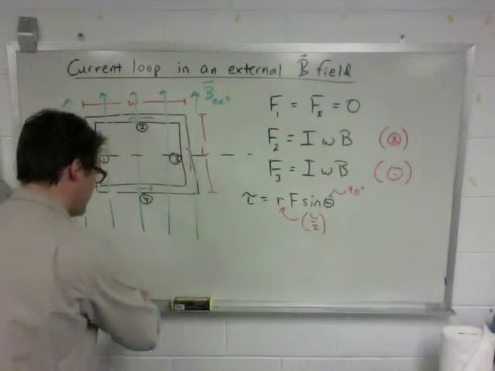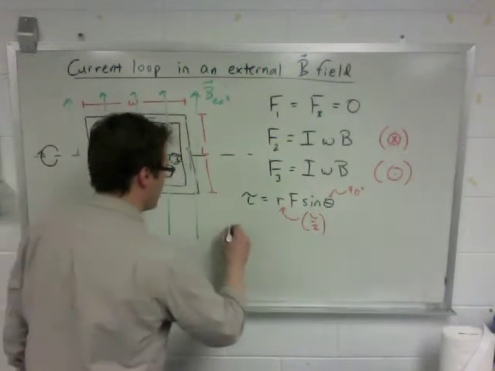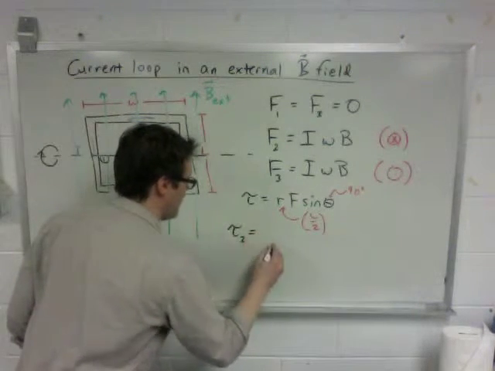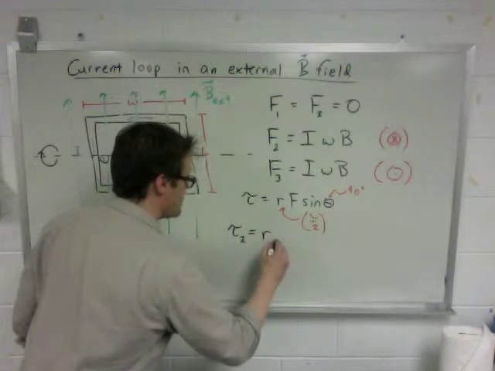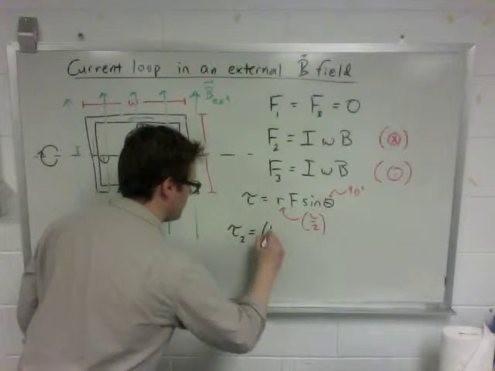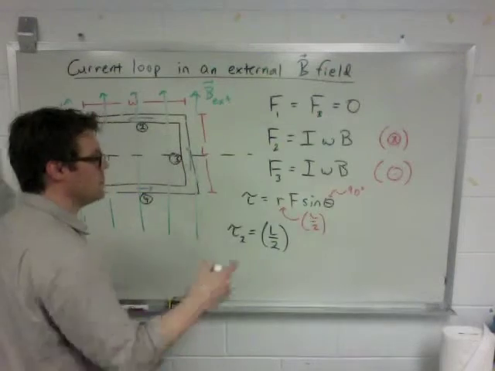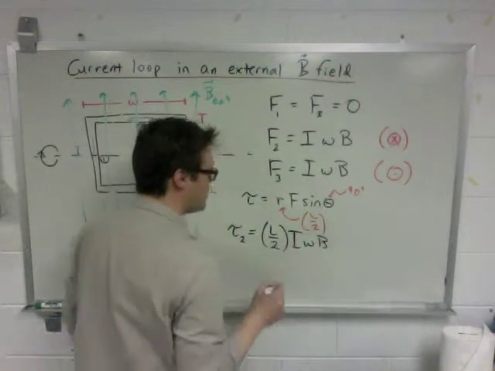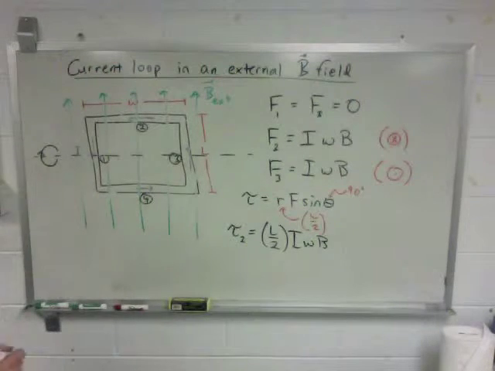And so the torque on wire segment 2 would be, excuse me, L over 2 times IWB times the sine of 90 degrees, right?